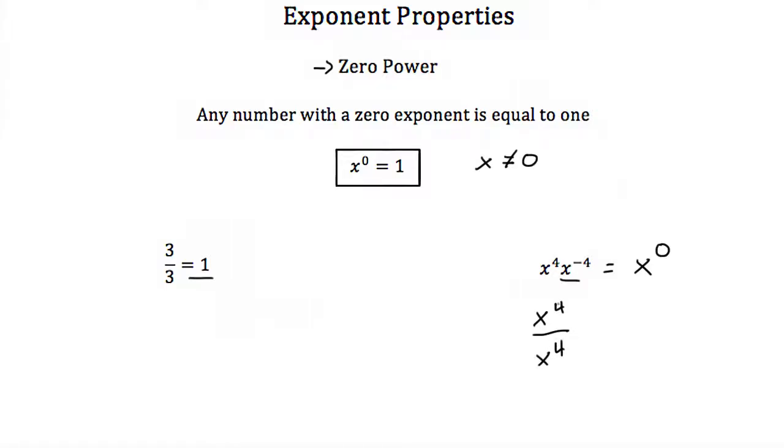Well, any number over itself would be equal to 1. So while this means exactly the same thing as this, we can see that this one obviously equals 1. And this one obviously equals x to the 0, which is why x to the 0 equals 1.